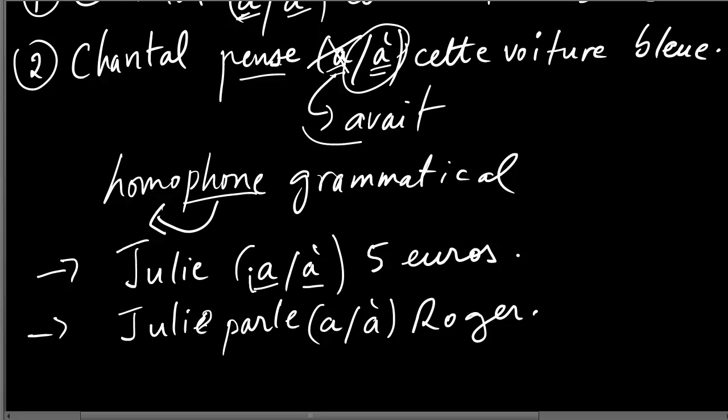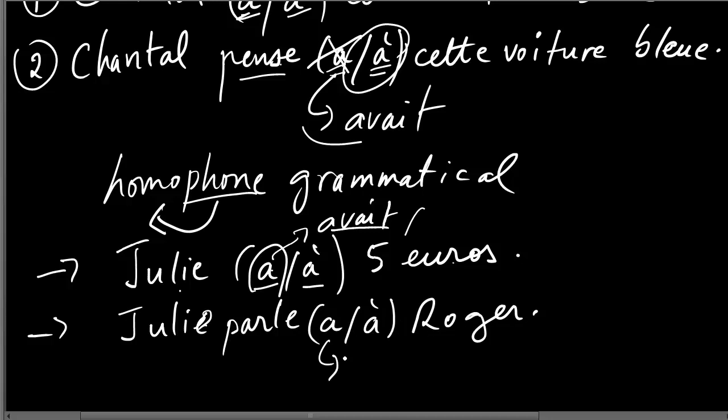Well, if you say a without an accent, that's great, you got it right, because if you replace a with avait, the sentence will still remain logical. So Julie has 5 euros, Julie had 5 euros, and that clears any confusion. All right. In the second sentence, Julie parle à Roger.